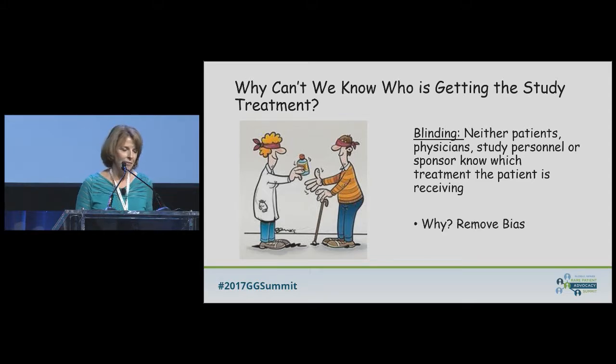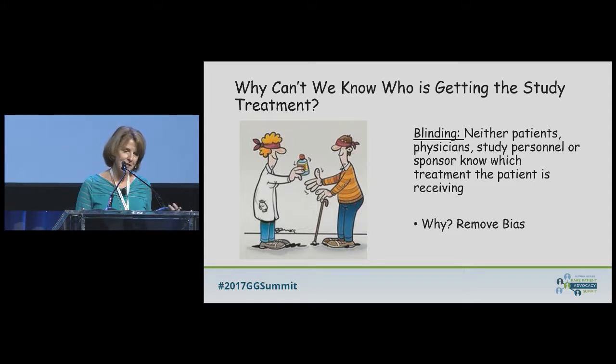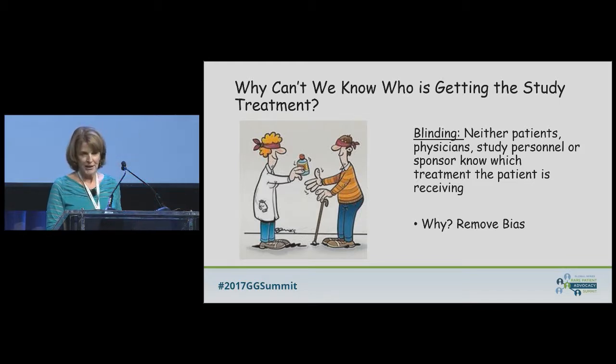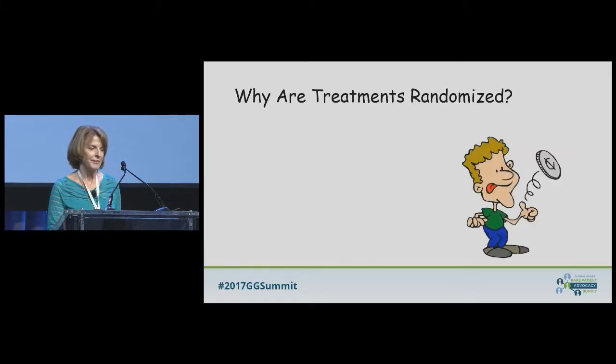And the reason that we need to do this is to remove bias, because if the study's not blinded, then again, if there's a side effect, the automatic assumption would be, well, it's related to the study drug. If the patient seems to be improving, automatically you would assume that it's related to the study drug. So by blinding, you help to remove some of that bias.